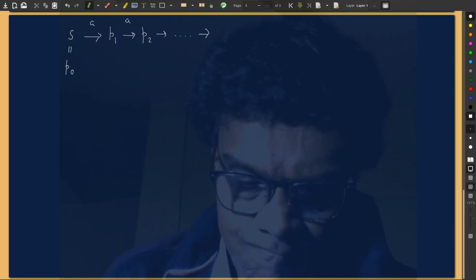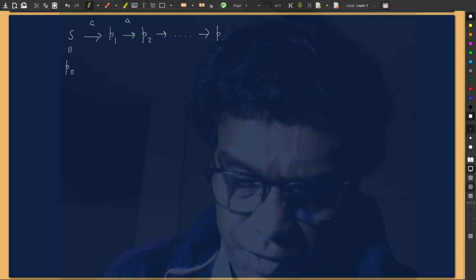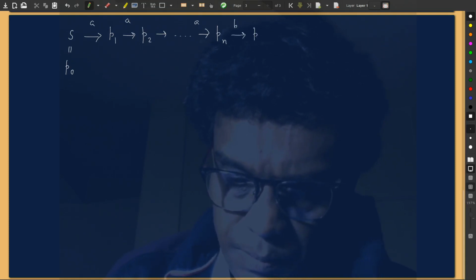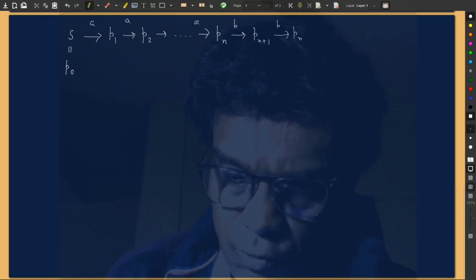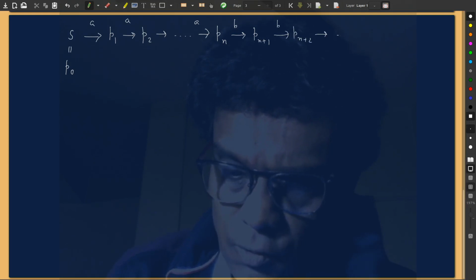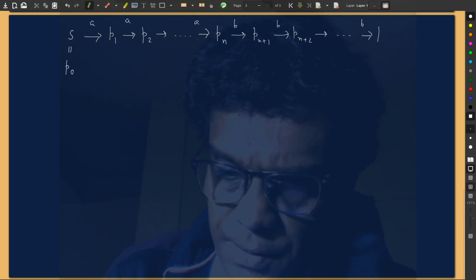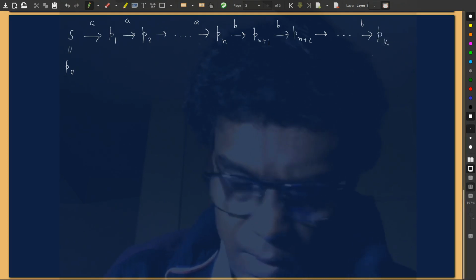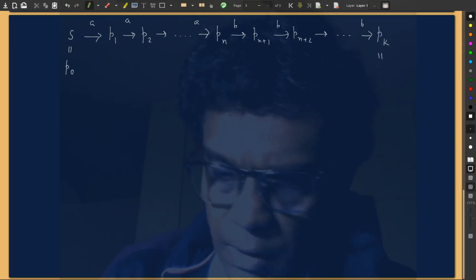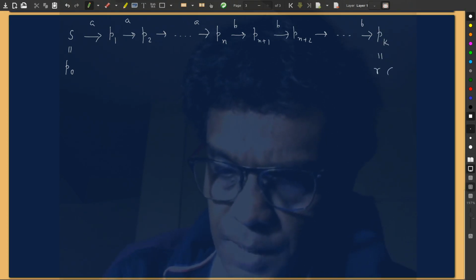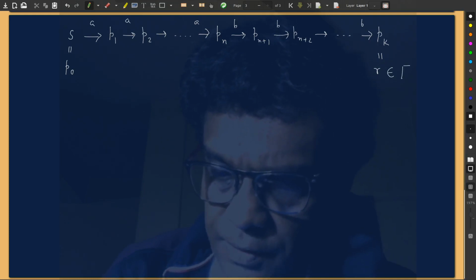Eventually it goes to a state Pn after reading the last A. Then it keeps on reading the B's, Pn plus 1, Pn plus 2, and so on. Eventually, it reads the last B and reaches a state Pk, which we may call R or F, whatever, which is a final state.